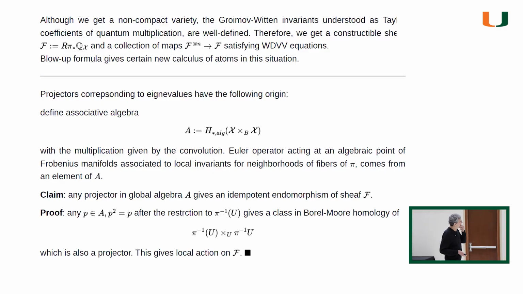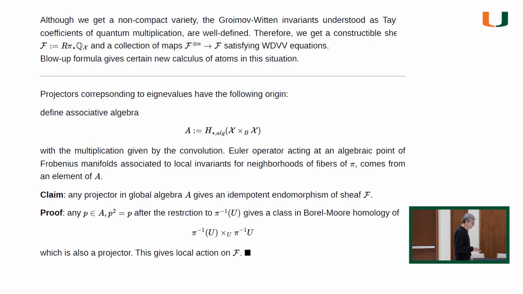Yeah, you need to have some projectors in a certain algebra, and these Euler operators, which you construct simultaneously for different pullbacks of different small disks, come from just one object, and it's a really funny construction from just topology.